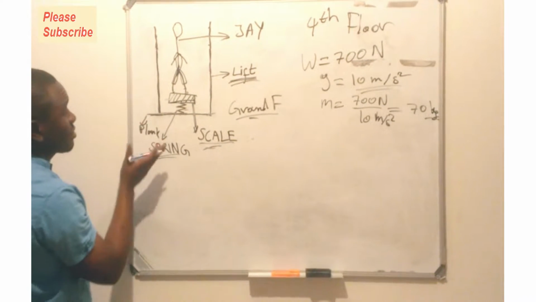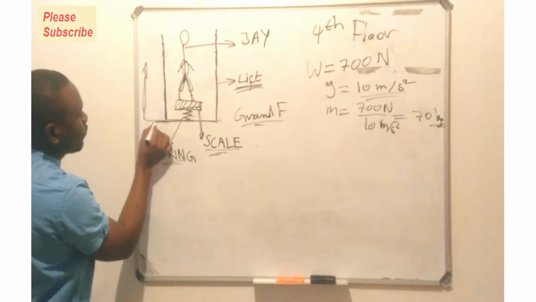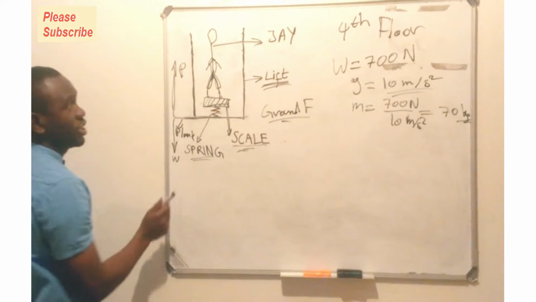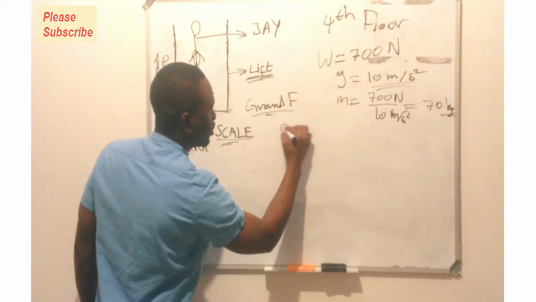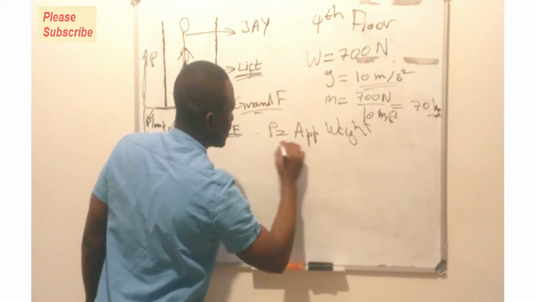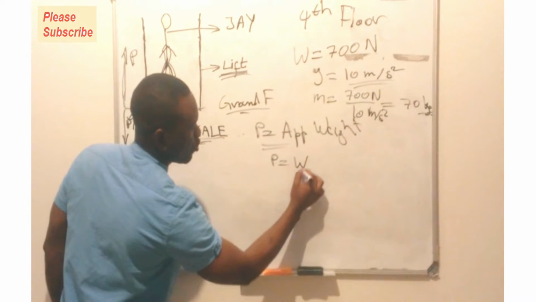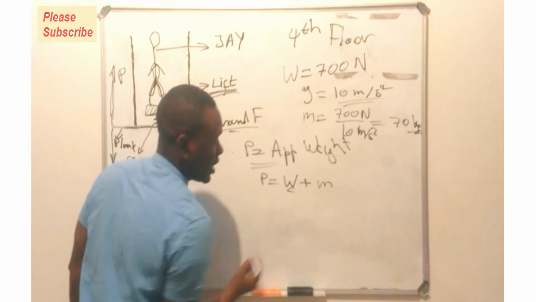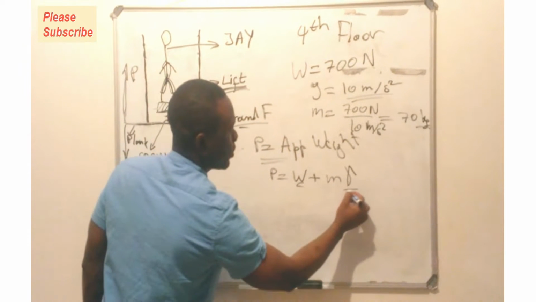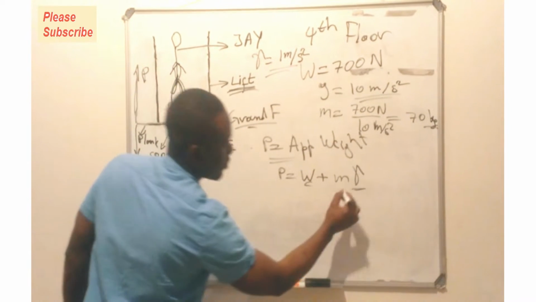So now, as they want to go up, considering the free body diagram here, here is the reaction of the lift from the plank, which is P. And then here is the action actually of the weight of Jay. So P, as the apparent weight, is equal to the weight of Jay plus the mass of Jay, this time multiplied by the acceleration of the lift going up, which is considered to be 1 meter per second squared.